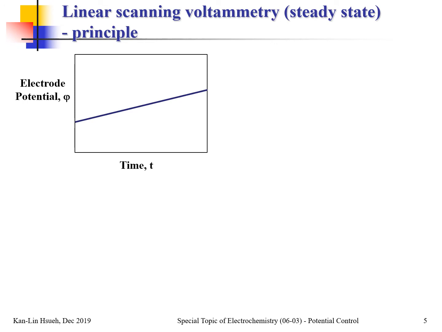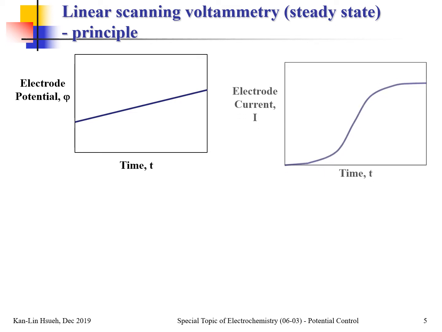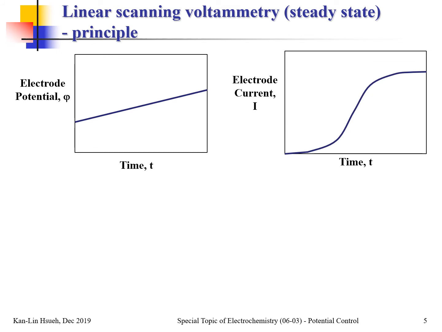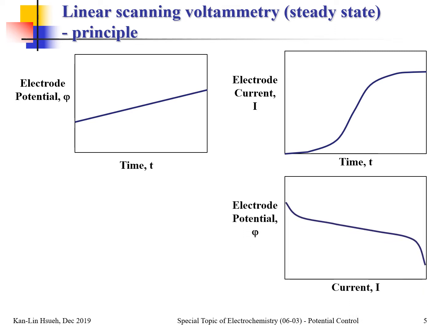So we control the potential as a function of time, with a linear increase or linear decrease. Then we measure the current. The current is actually recorded as a function of time. But when we plot the result, usually we plot the electric potential as a function of current in this way.